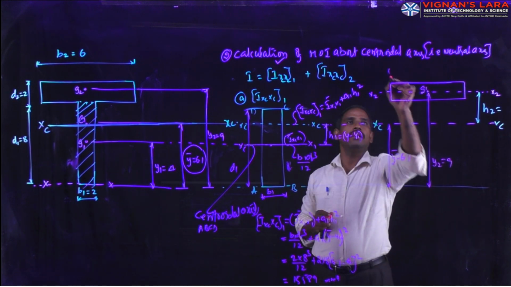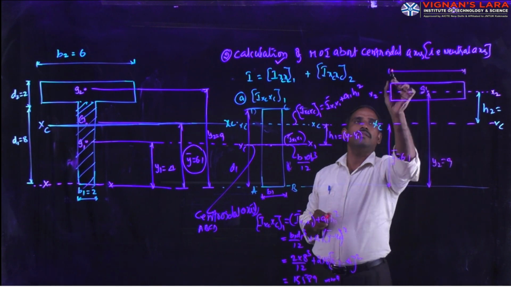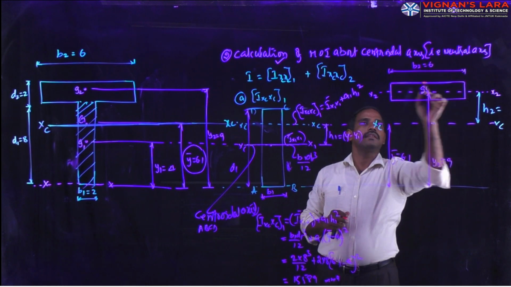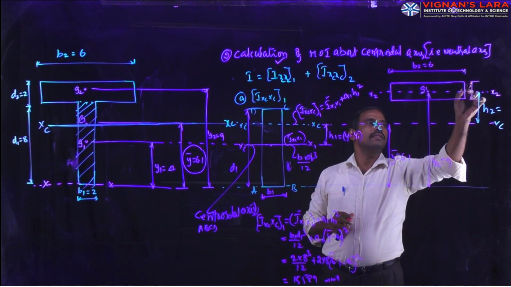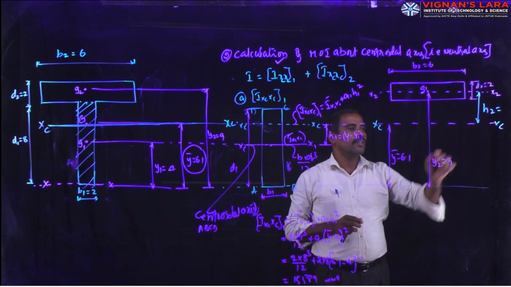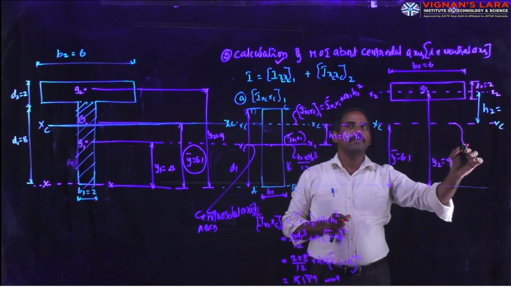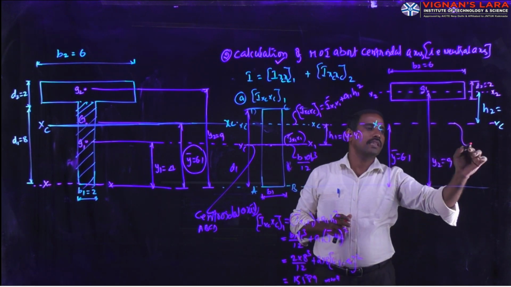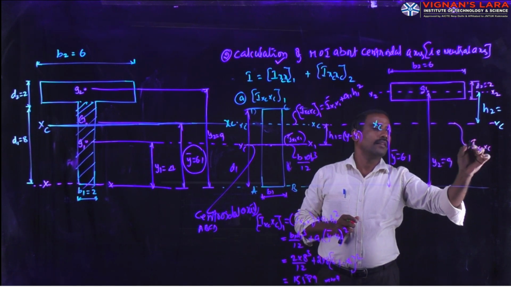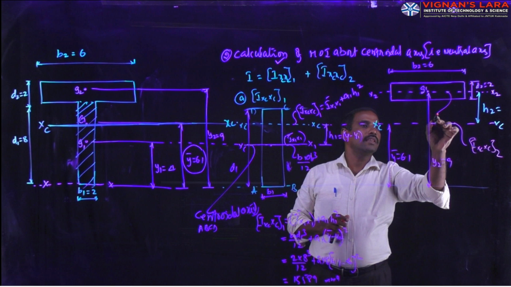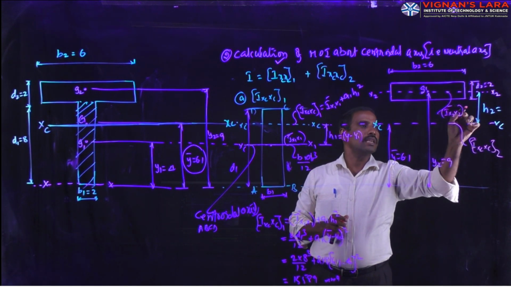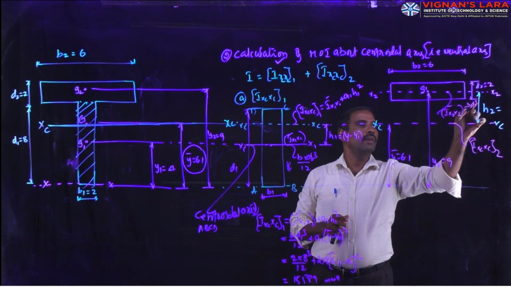We know all the values: b2 is 6, d2 is equal to 2. We have to calculate the moment of inertia of the second rectangle about this axis, represented by IXC of 2. IX2X2 bar is equal to b2 d2 cube by 12.